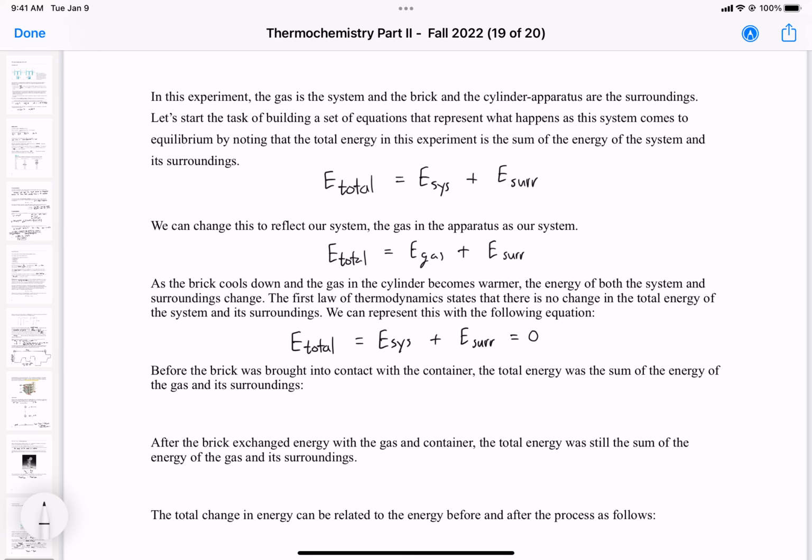So we can say E total, let's subscript here, before, equals the energy of the gas before we brought it into contact with the brick, plus the energy of the surroundings before there was an energy change.